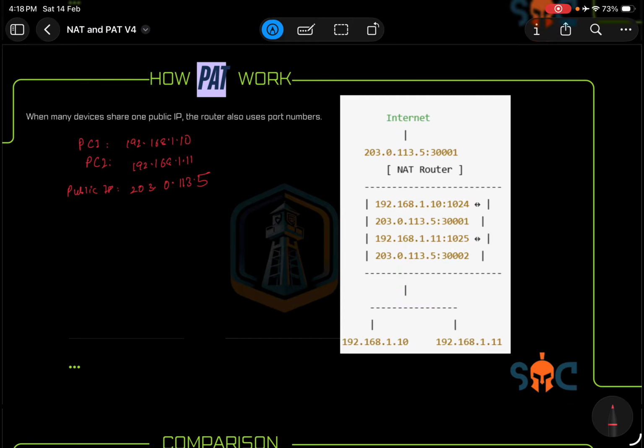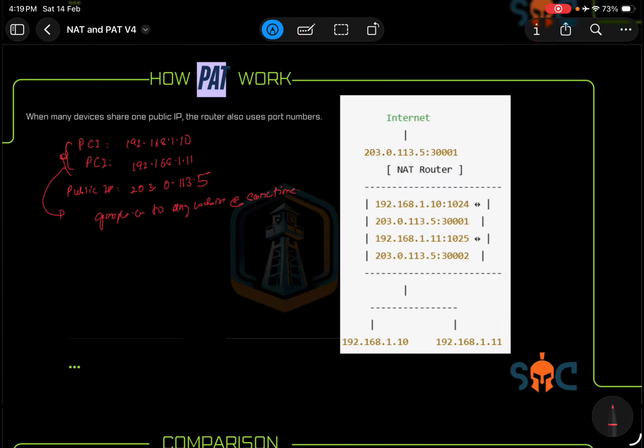Both devices open google.com or any other website at the same time. Remember this. So how is PAT going to assign the public IP? Or else we can say, how are these two devices going to share one public IP?